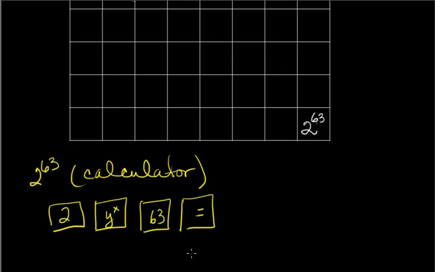And here's what I get. This is what my calculator gives me. 9.22337237, and then I have an x, which means times in this case, and I have a 10, and then above the 10 I have 0, 1, 8.